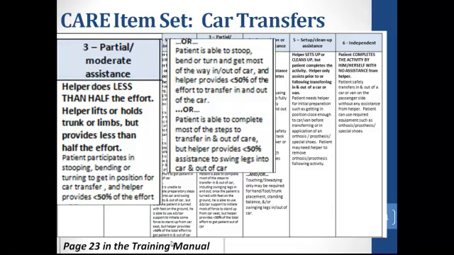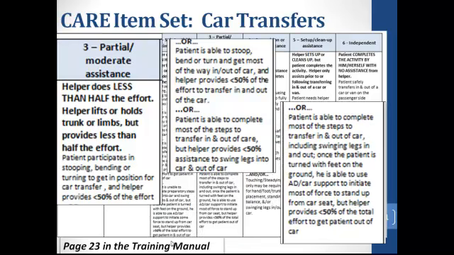Or the patient can complete most of the steps to transfer in and out, including swinging his or her legs in and out. Once the patient is turned with the feet on the ground, he can use an assistive device or car support to initiate most of the force to stand up from the car seat, but the helper still needs to provide less than 50% of the total effort to get the patient out of the car.